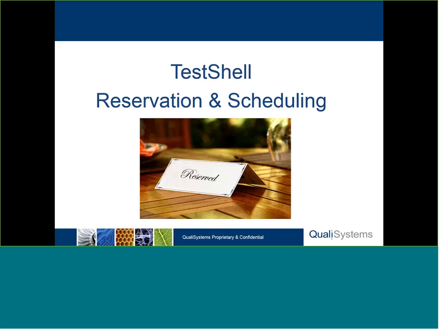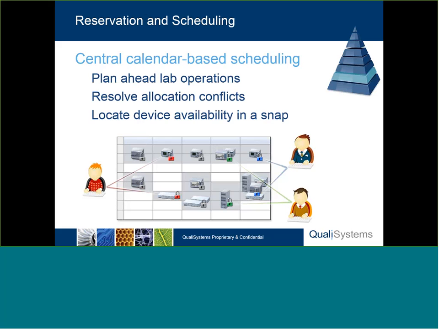Okay, so let's talk about TestShell reservation and scheduling. So you have a central calendar-based scheduling. You can plan ahead lab operations. You can resolve allocation conflicts, and you can locate device availability in a snap.